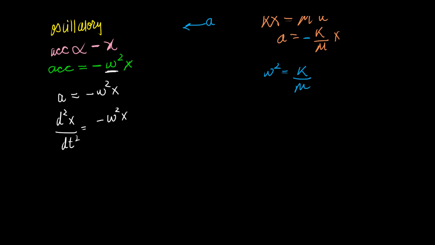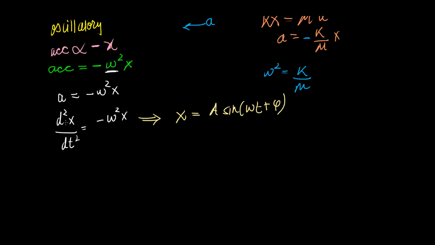If you have done differential equations, great, but if you haven't, just remember that the solution of this differential equation will be of the form x equals A sine of omega t plus phi. This is the solution of this differential equation. You can check it for yourself.